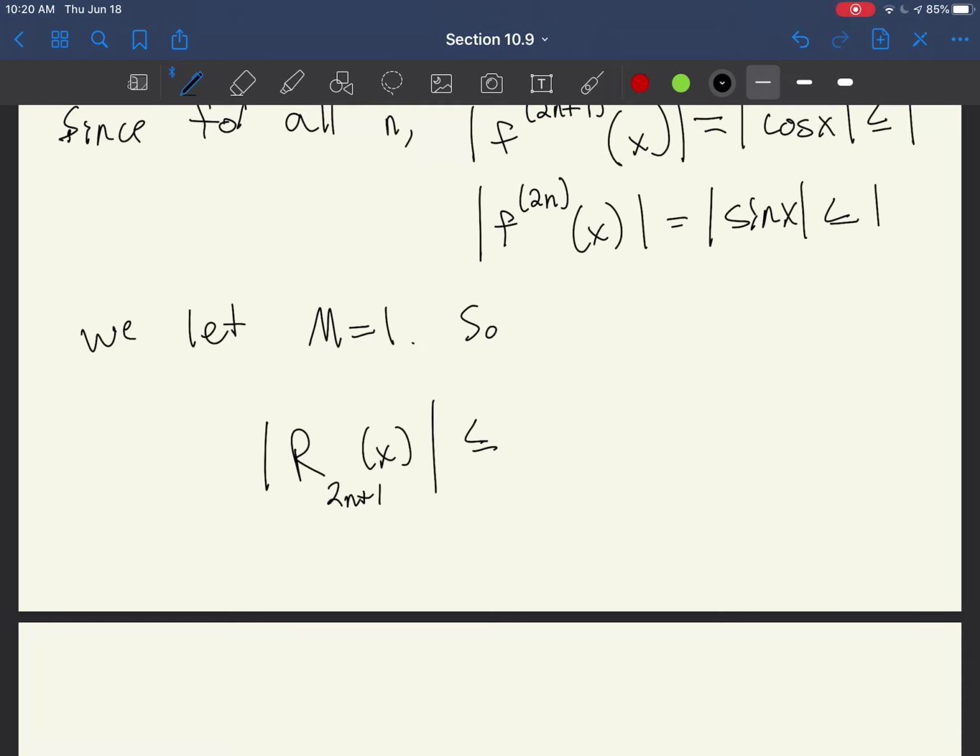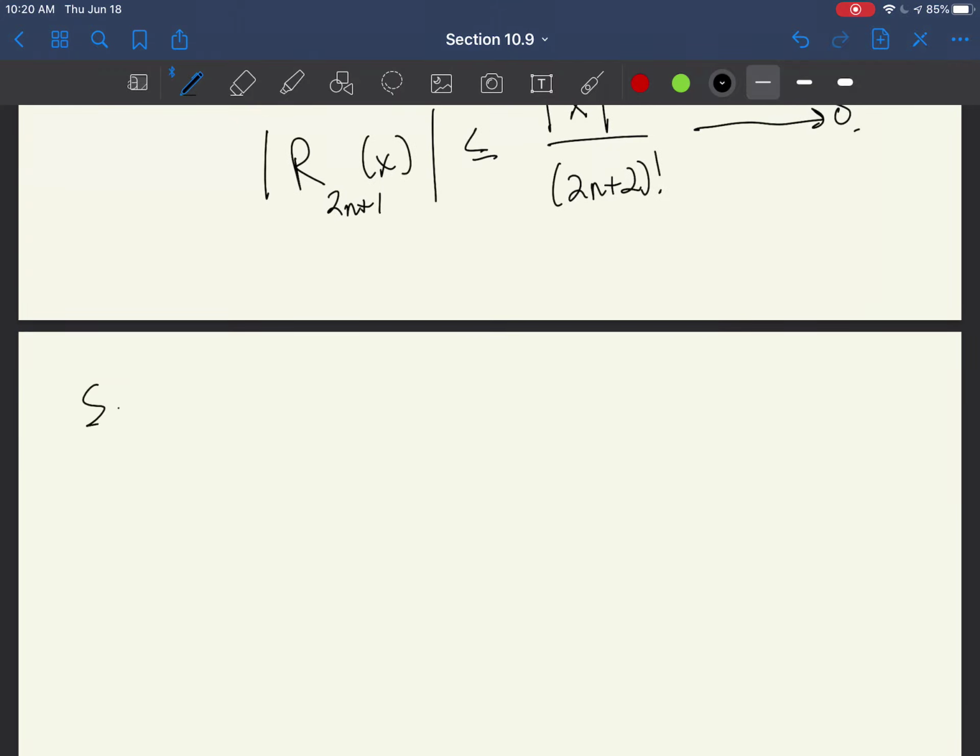So the absolute value of R sub 2n plus 1 of x is less than or equal to m, which is 1, times the absolute value of x minus a. In this case, we're doing the Maclaurin series, so the absolute value of x, to the 1 more than the remainder that we're looking at, so 2n plus 2, divided by 2n plus 2 factorial.